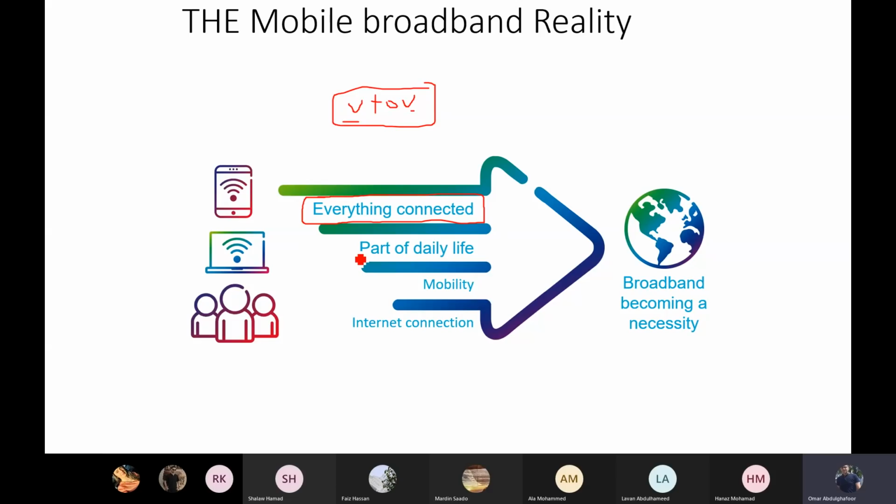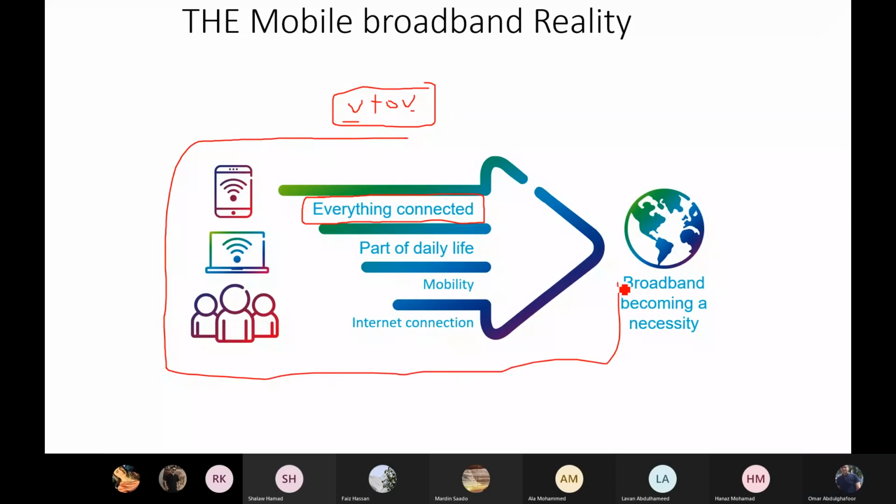Now we are stuck to our mobile devices. If we count how many hours we use our mobile each day, maybe 4 or 5 hours, it depends. Mobility and internet connections are the features and the reason this technology is so important.